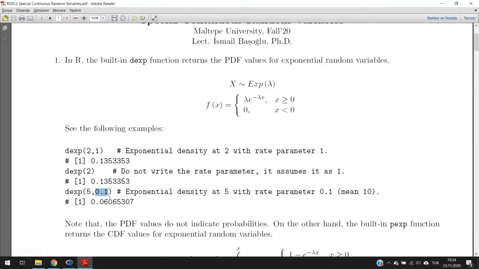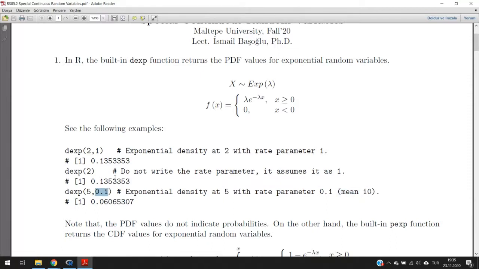Now remember, in exponential distribution, the rate parameter is the multiplicative inverse of the expected value. This means this exponential random variable with rate parameter 0.1 actually has the average value equal to 10.